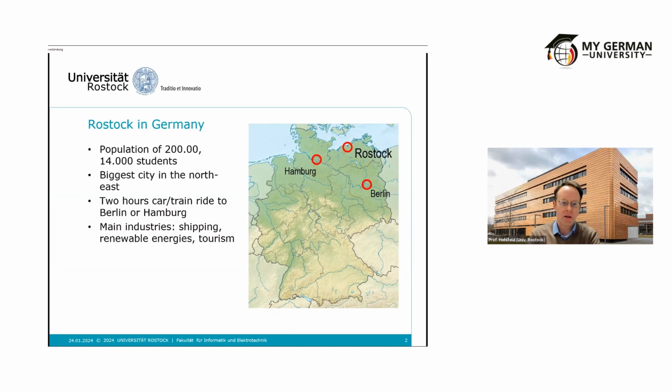But on the contrary, it brings quite some advantages. There is a strong shipping industry here with us. There is an even bigger industry sector which takes care of renewables, mostly wind energy turbines. And of course, tourism is a big employer.